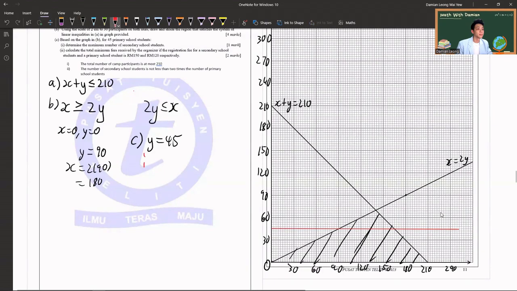For the first part, if I consider the total number of participants, if I consider the maximum number of secondary school students, means maximum x. So maximum x when y is 45 would be here, which will be in between 150 and 180. So 165.